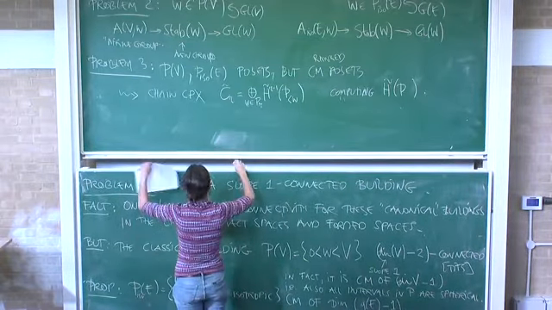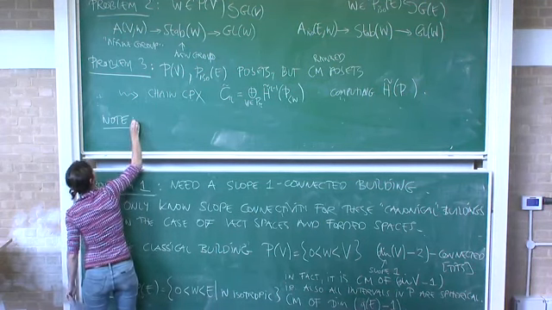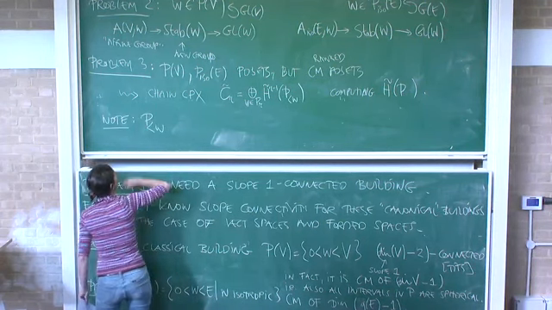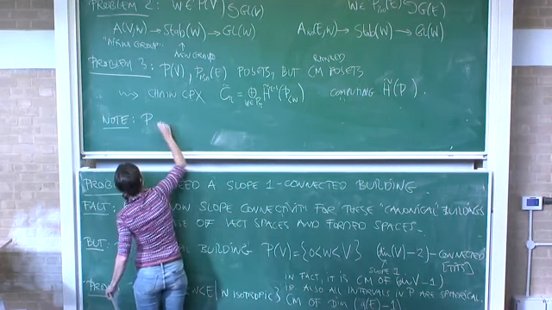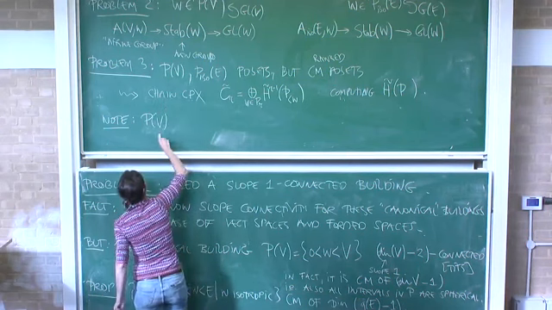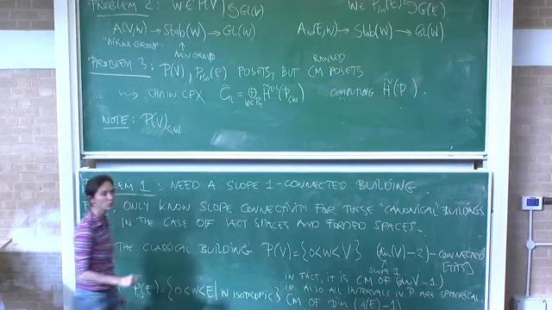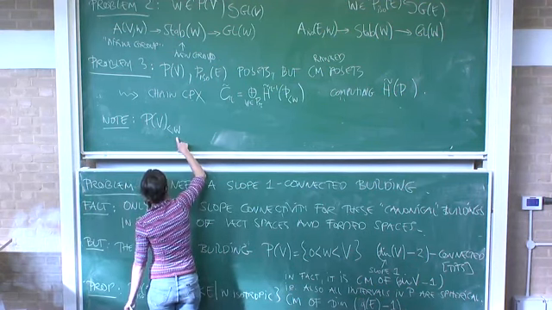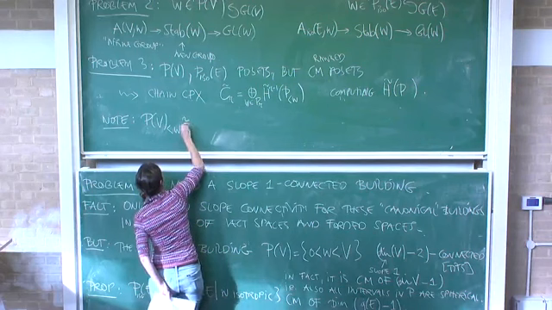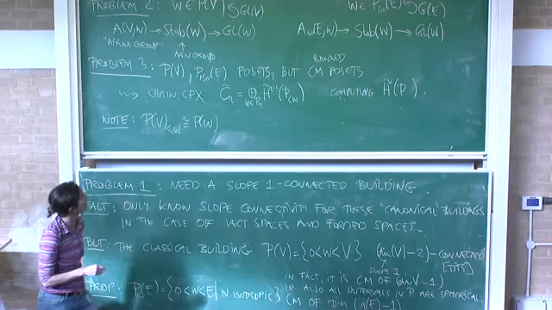But this is a slightly more complicated object. Note, if I'm in P(V), so the poset of subspaces of V, the lower interval of W, well, that's not so difficult. It's subspaces of V that are also subspaces of W. Okay, so it's again one of these things.